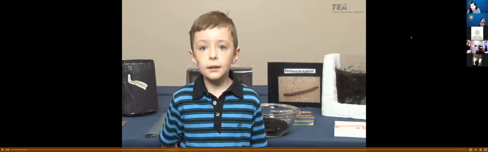I've been studying earthworms. Right here is the tail because it's flatter. The flatter part is the tail. Then this part right here that's pointy is the head. And then these are the segments. The segments are those little bitty lines right there. They help it move. They go back and forth, back and forth.